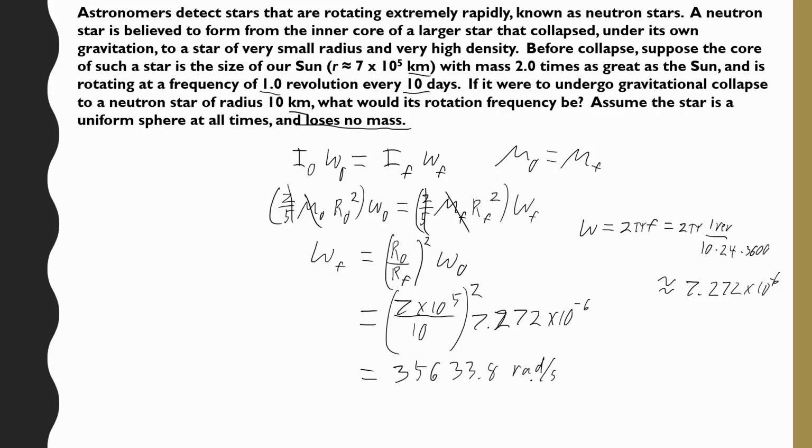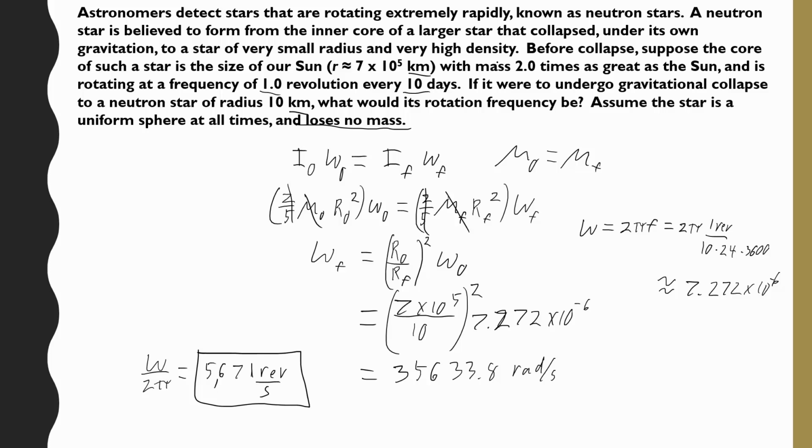And if we divide by 2 pi to get it back to frequency, so omega over 2 pi is going to give us 5,671 revolutions per second. So this guy is cooking along almost 6,000 times every second. And they do find neutron stars that are spinning this quickly, so pretty incredible thing.